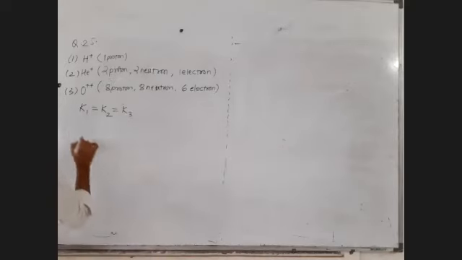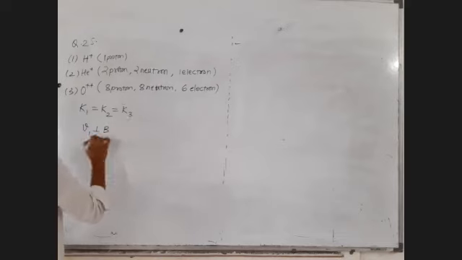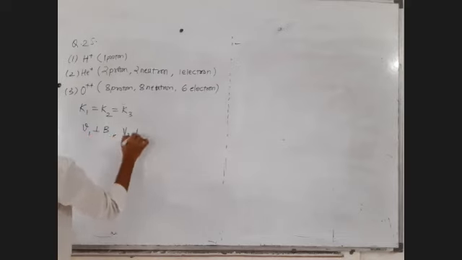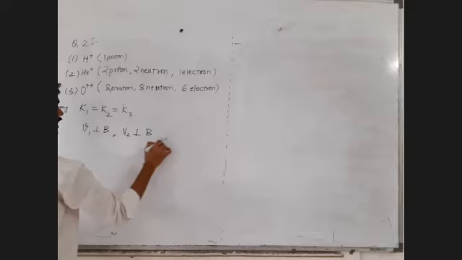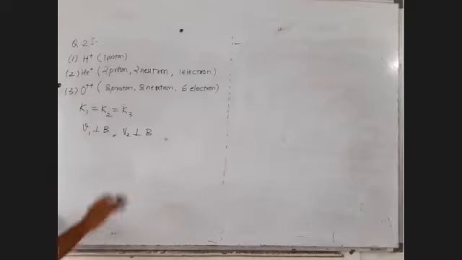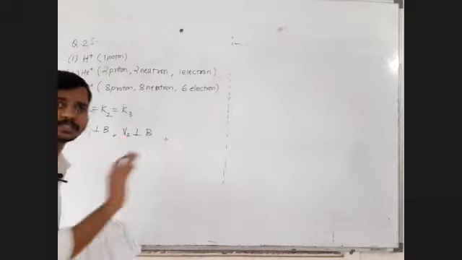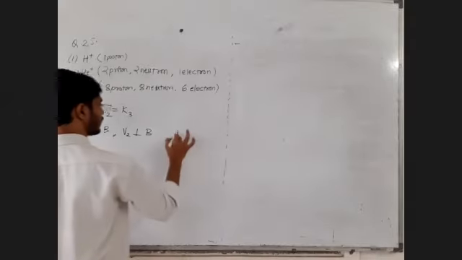So it is given that V1 is perpendicular to the magnetic field, the velocity of the first particle, and V2 is also perpendicular to the magnetic field. Now there is no need to say V1, V2, V3. All of them are passing through the same magnetic field.